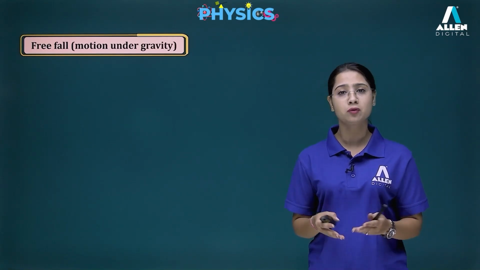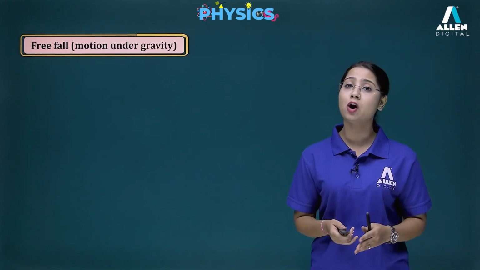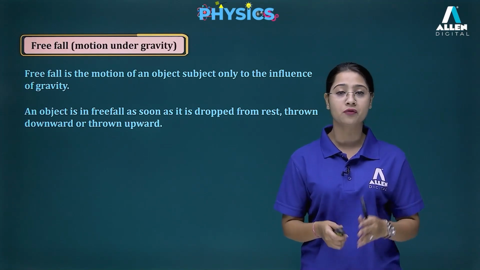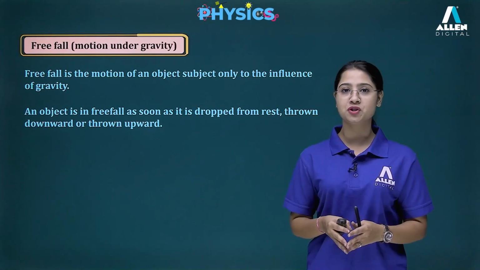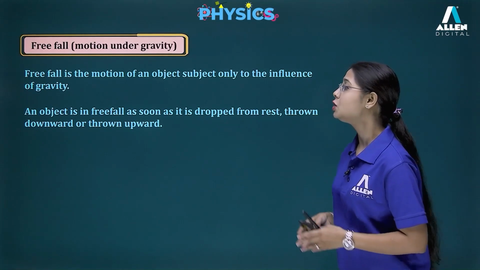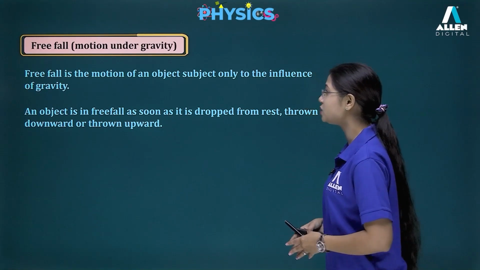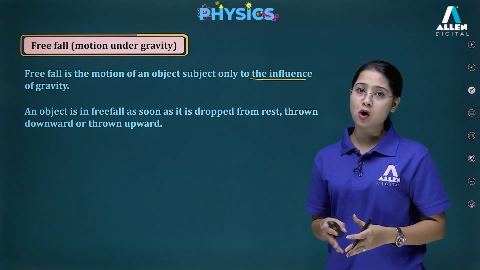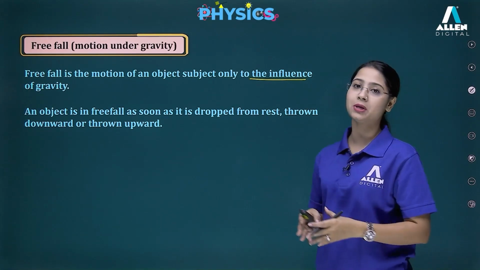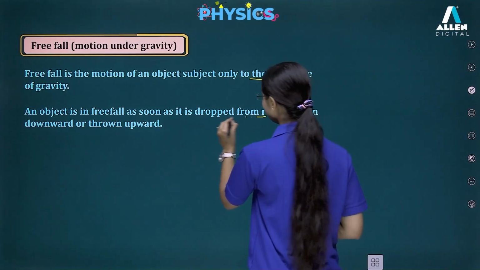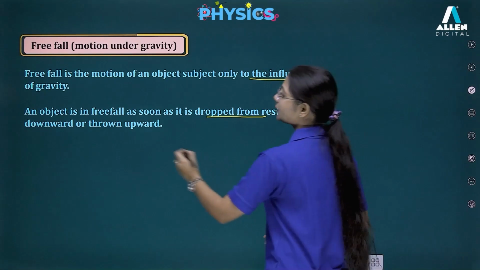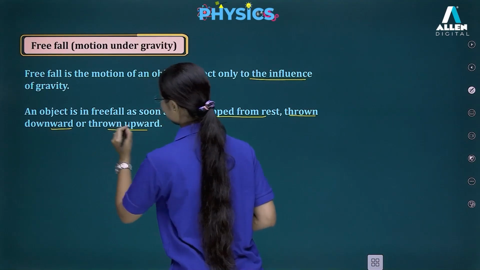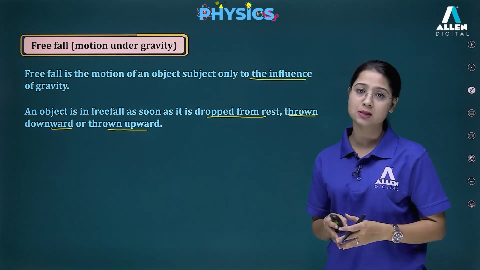Basically, we are discussing free fall. Whenever an object moves under the influence of gravity only, then the object is said to be in free fall. So, free fall is the motion of an object subject only to the influence of gravity. An object is in free fall as soon as it is dropped from rest, thrown downward, or thrown upward. That means there are three cases of free fall.